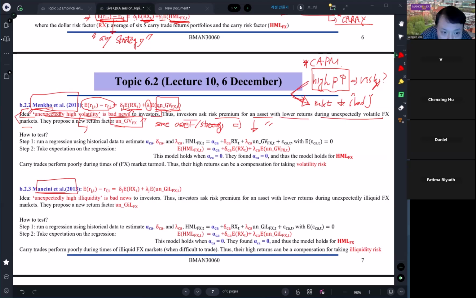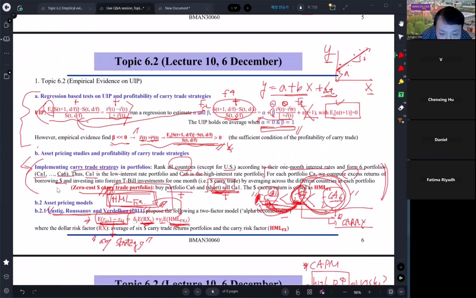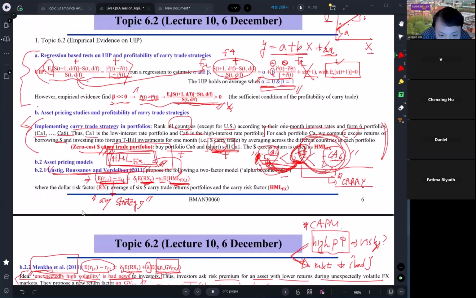Based on this portfolio approach, each period we can compute the historical return of HML FX. Each month, we can rank all countries depending upon their interest rate, and each month we can get CA1, CA6, and compute the return for the zero cost dollar carry trade portfolio HML FX.